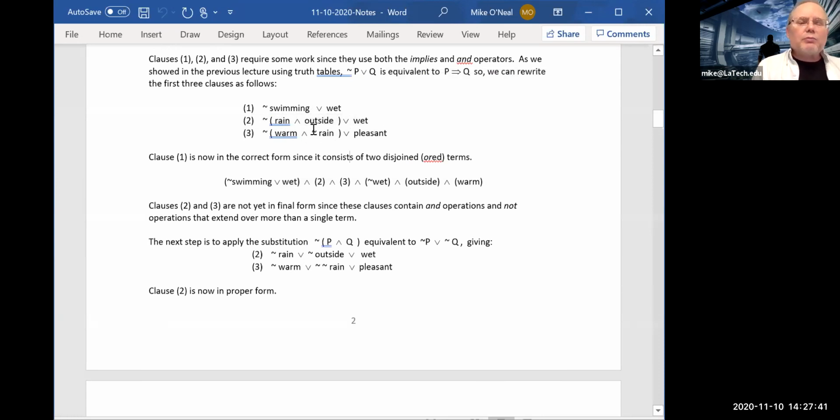But we also remember that if you've got a not over A and B, it's the same thing as not A or not B. So we can drive this not in across the rain and outside and get not rain or not outside. And we can drive the not here and get not warm or not rain.